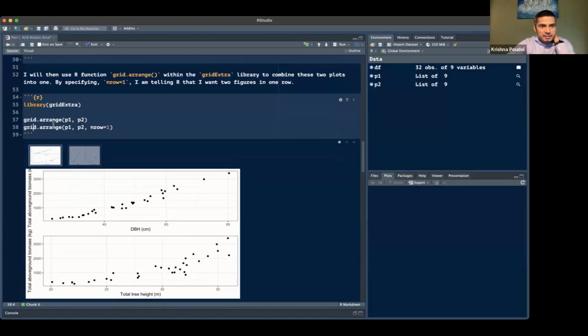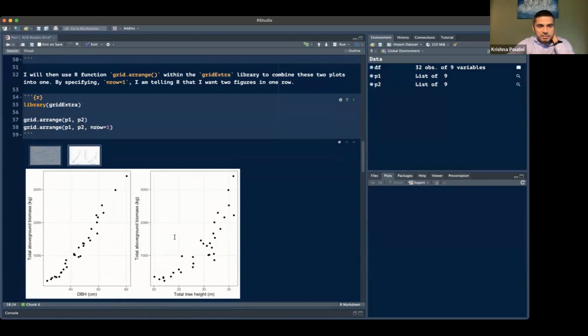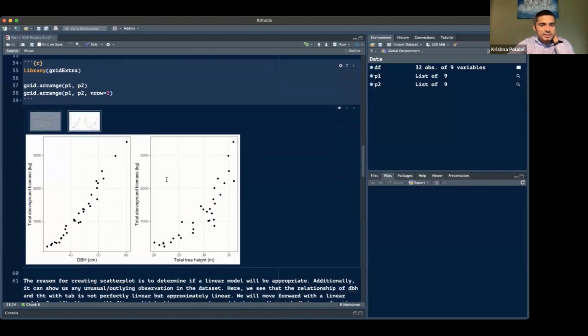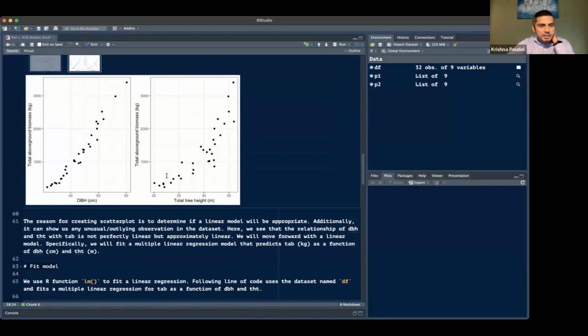But in the second line, line 58, I have grid.arrange with nrow equals 1. That means I want both plots in a single row, presented side by side: DBH and total above ground biomass, and total height and total above ground biomass. So that's just one simple plotting example.